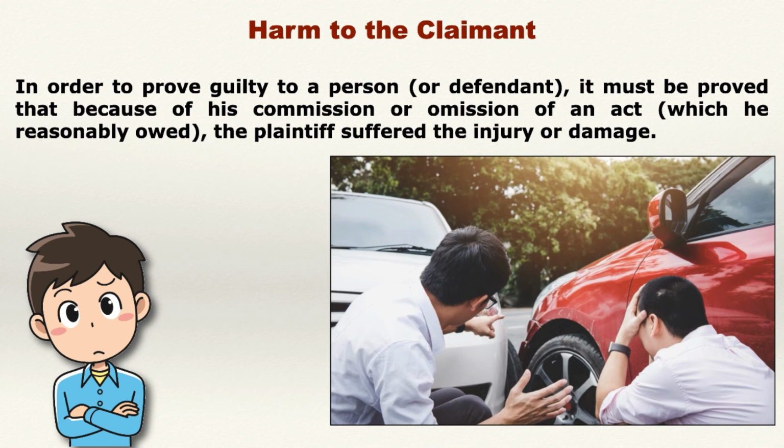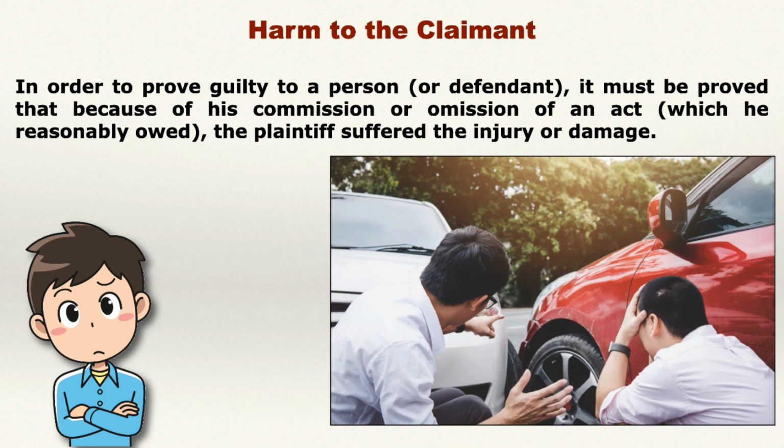So, it is the duty of the claimant to prove that because of the defendant's act that he should have done or should not have done, both the conditions, commission or omission, in both the conditions, if the plaintiff suffered the injury or damage, then the defendant will be liable.